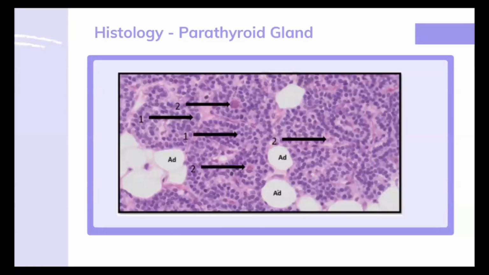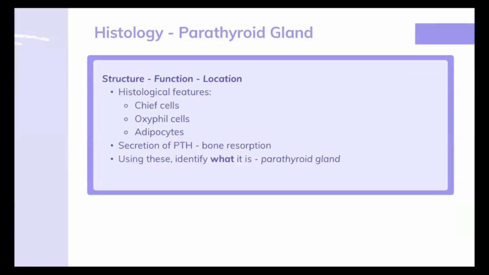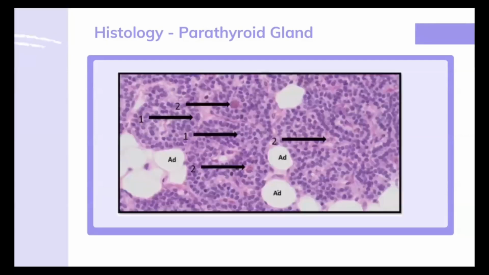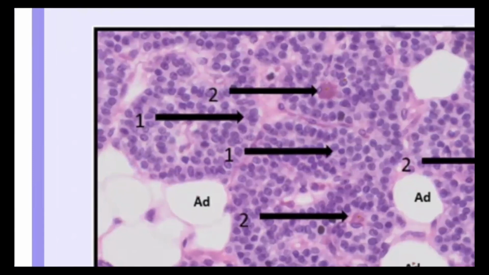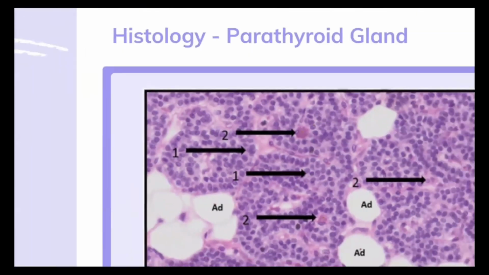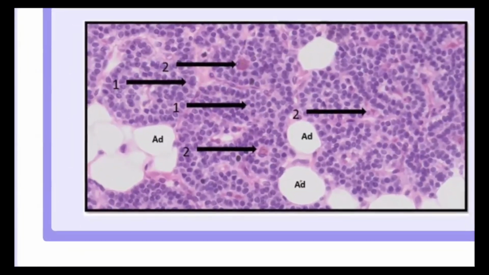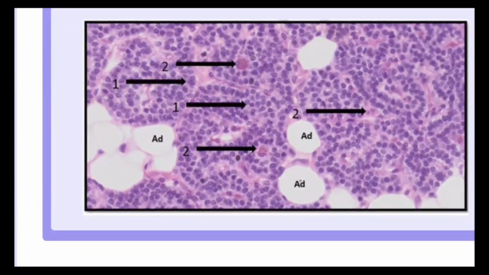That covers skin. Then we come on to the parathyroid gland. So here, your two main important parts are obviously the chief cells and the oxyphil cells. So here you have your chief cells and your oxyphil cells, and they've been marked as 1 and 2, respectively. And then you also have adipocytes.